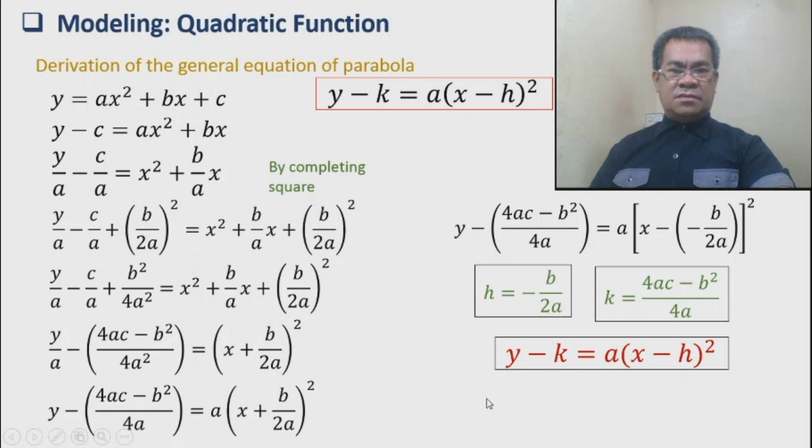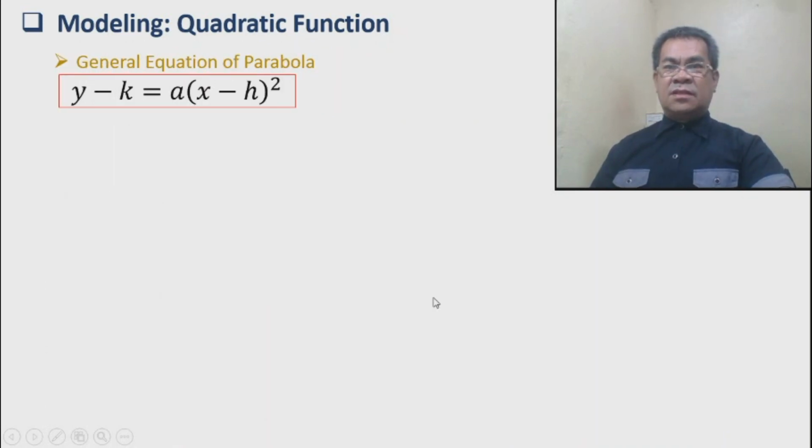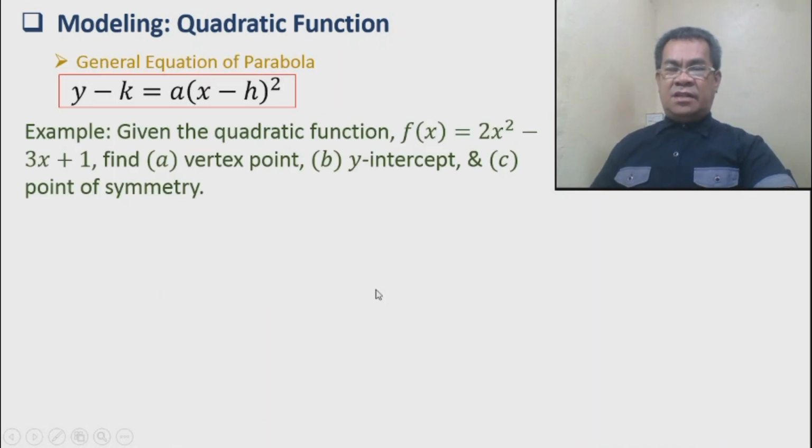So, we can transpose this to the right side. Now, if you substitute these values of h here, you will go back to this equation, actually. Okay, so that's it. Now, let's have the example.